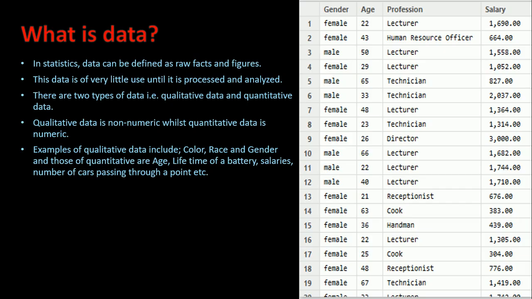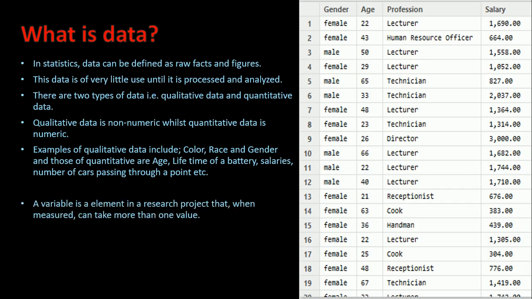Here I've mentioned a very important word in statistics, which is variable. So what is a variable? A variable is an element in a research project which, when measured, takes more than one value. For example, gender is a variable because if you are to measure gender, it can either be male or female.